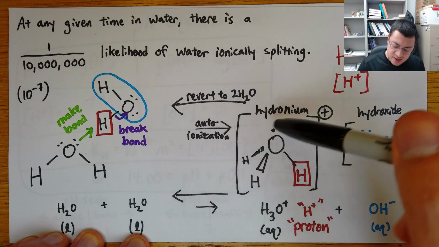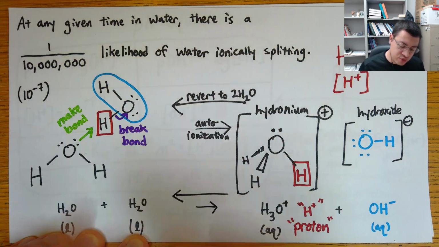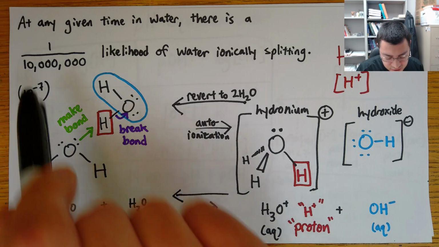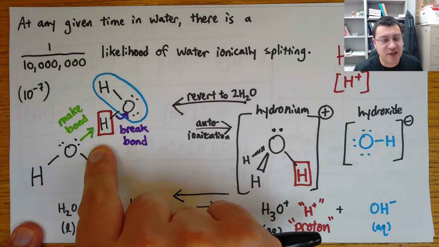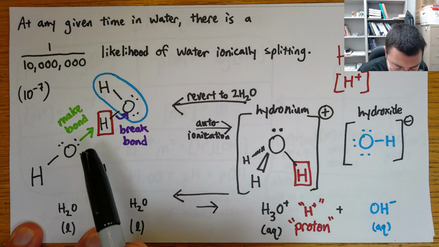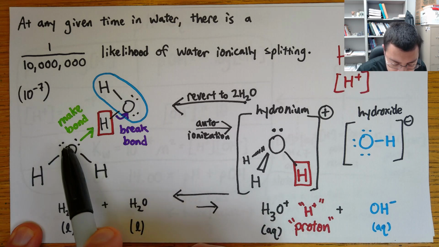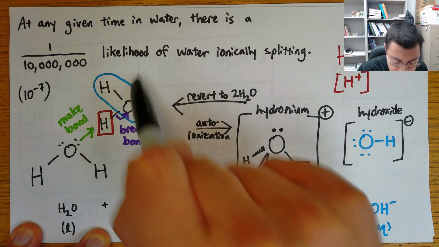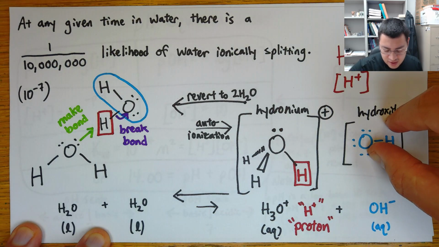Most of the time, these ions will revert back to being 2 different H2O molecules, but every once in a while, you'll have 2 water molecules combine, or react, excuse me. And what happens is this water right here will take this proton off of this other water molecule, and that'll leave a hydroxide ion.